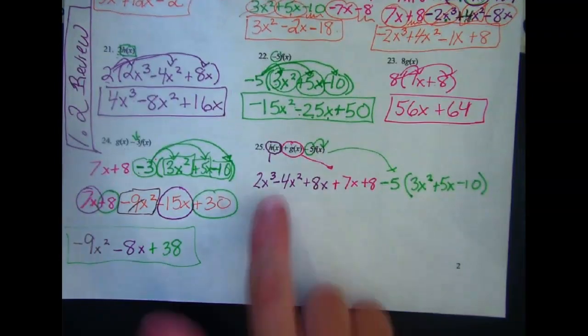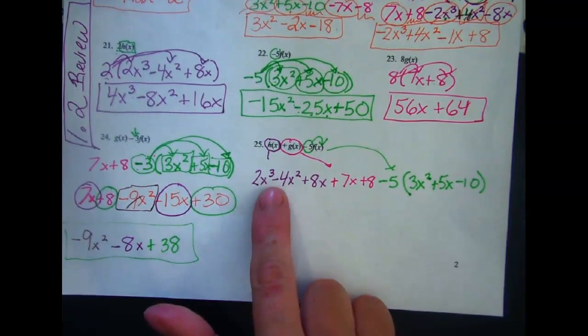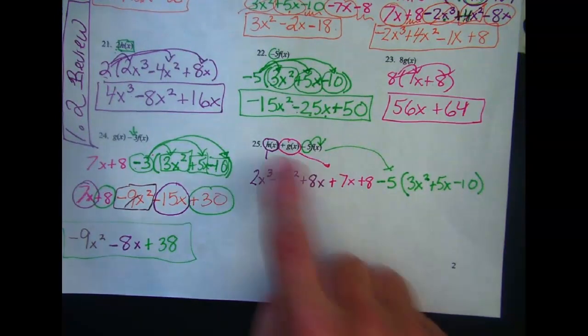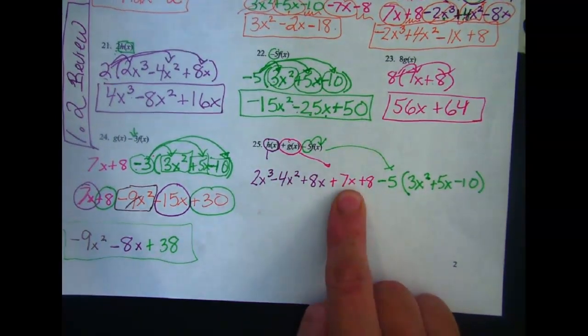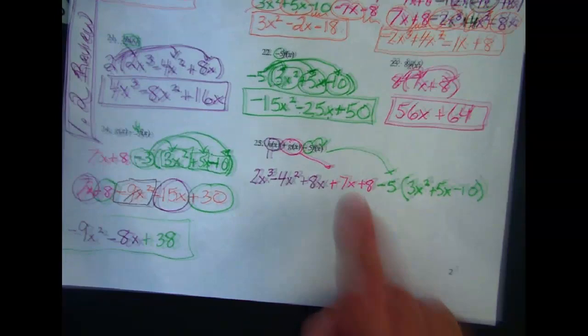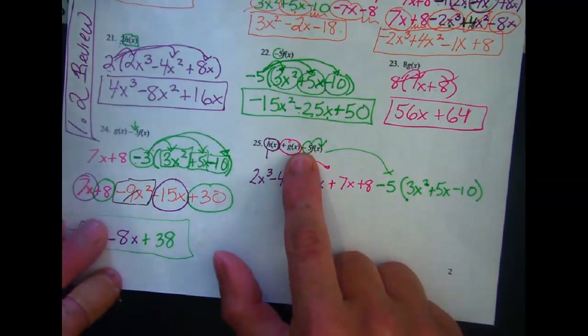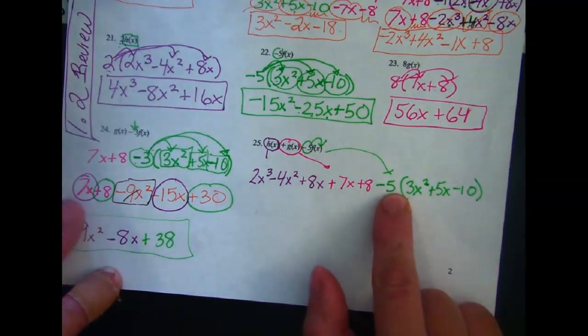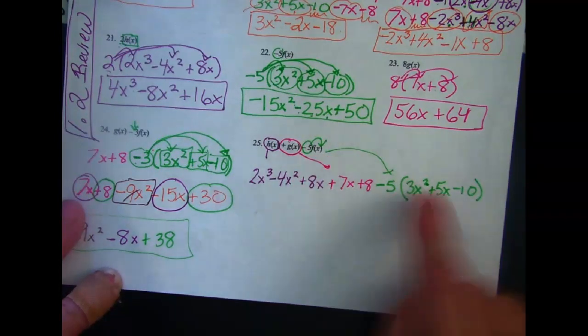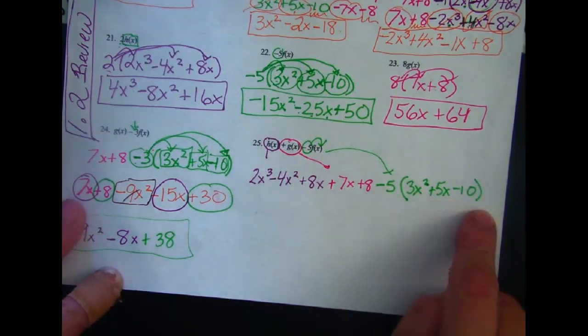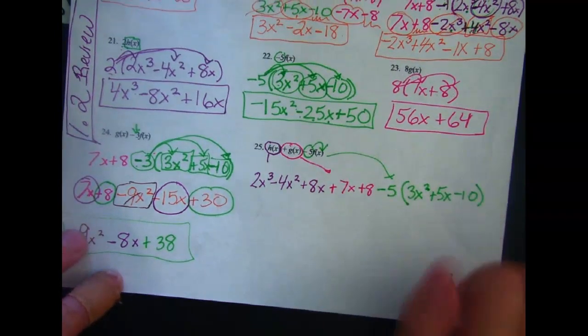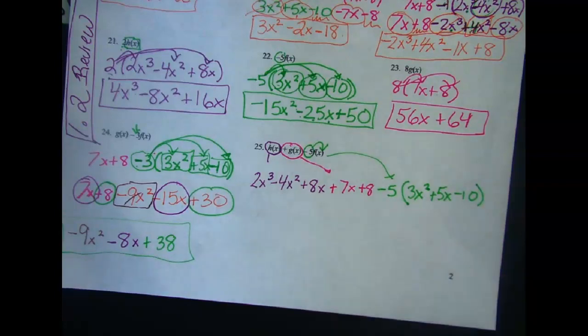Okay, so when you set it up, this is my h of x, and then the plus sign, this is my g of x, and then I have that -5 times my f of x, so that is my f of x. So what we would do first, there's a couple ways to do it, but I would first just simplify everything before combining like terms.